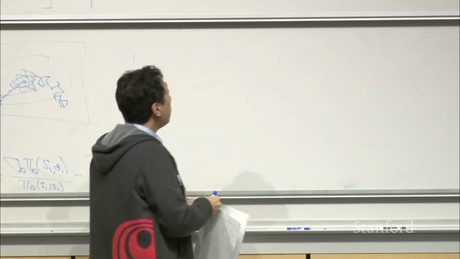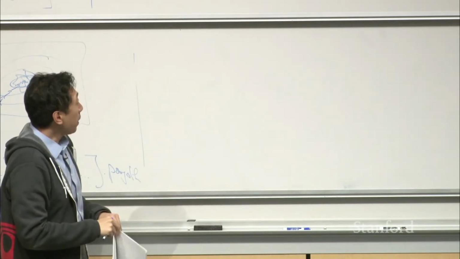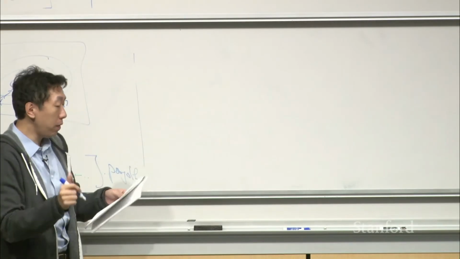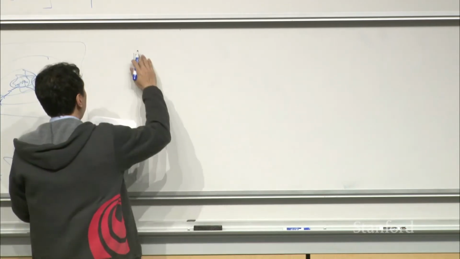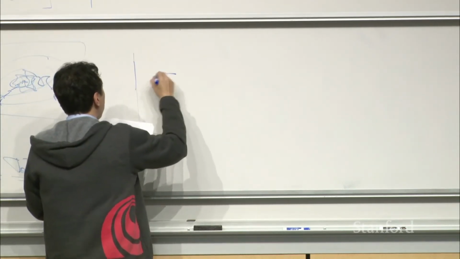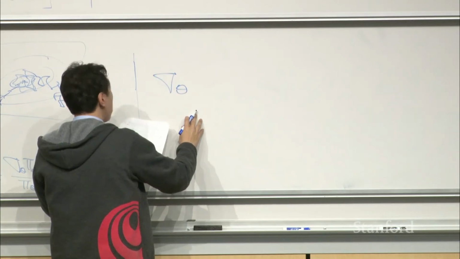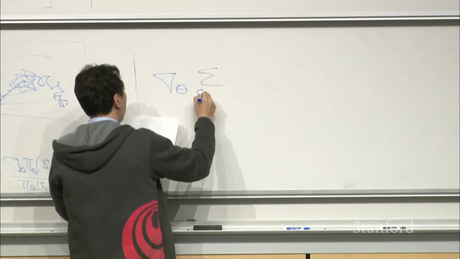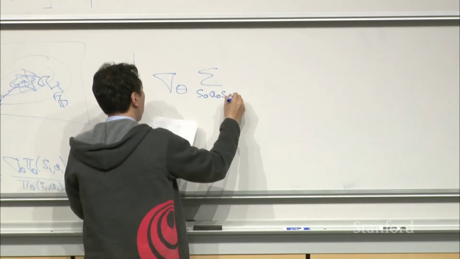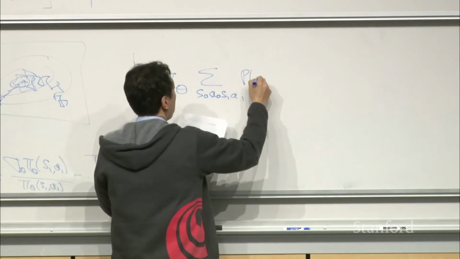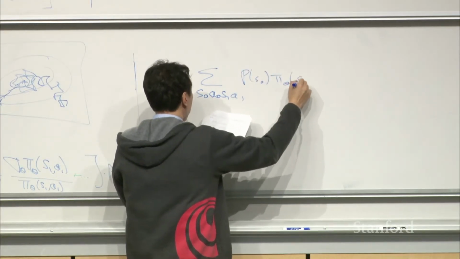All right. So what we want to do is maximize the expected payoff, which is a formula we derived up there. And so we're going to want to take derivatives with respect to theta of the expected payoff. Right? I'm just going to copy that formula up there.